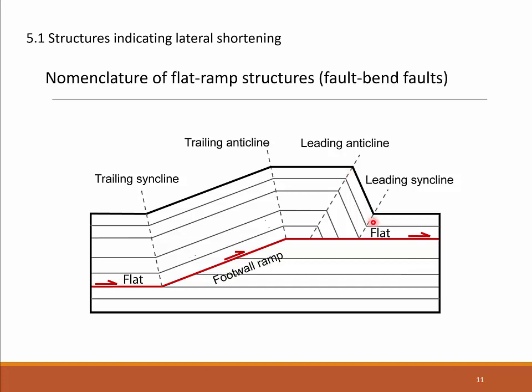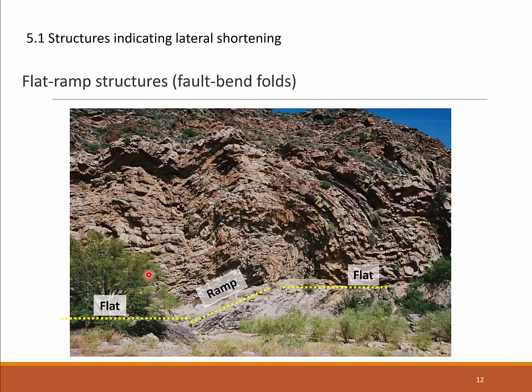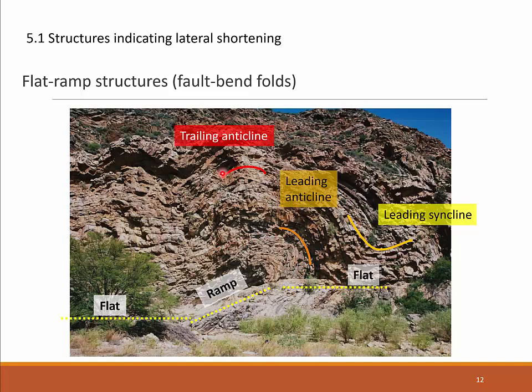That means a flat ramp structure, of course, is a combination of ductile features and brittle features of tectonic displacement. Coming back to our natural example, we could here associate the leading syncline with this fold. The leading anticline would be here, and further to the left we would find the trailing anticline and the trailing syncline.